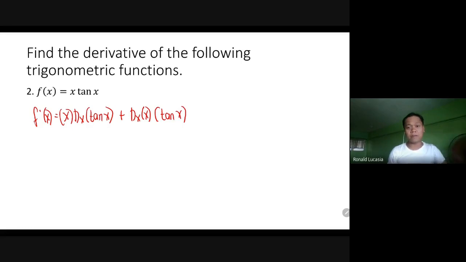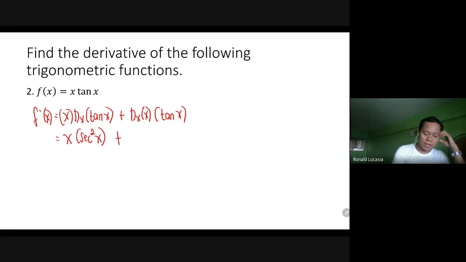Basta multiplication, yung g at saka yung f natin, g times derivative of f plus f times derivative of g. So this will be x. The derivative of the tangent x is secant squared x.